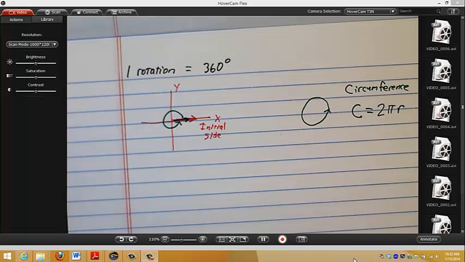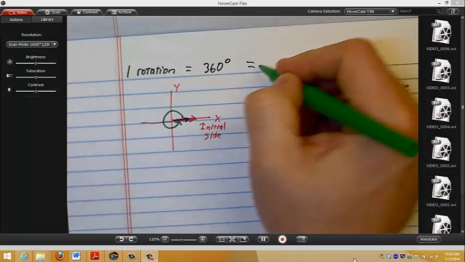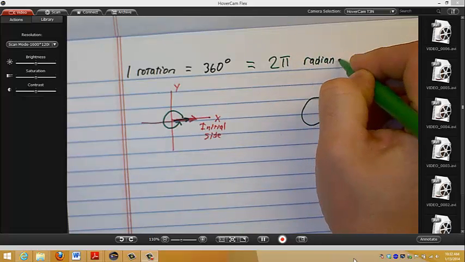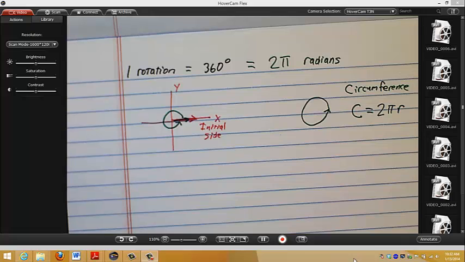Are you with me? But wait a minute. What you want is you want the radius. Instead, what we do is we say that this angle is 2 pi radians. Because however big that radius is, you call that basically the unit of measurement. That's 1 radian.